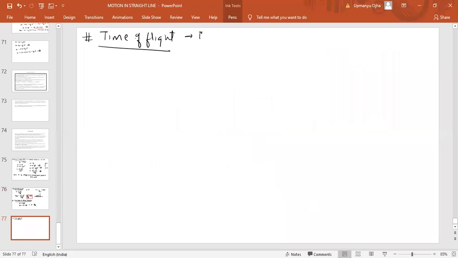The time taken by the particle to reach the initial position. Can you find that answer? It is 2u by g. Very good. 2u by g.